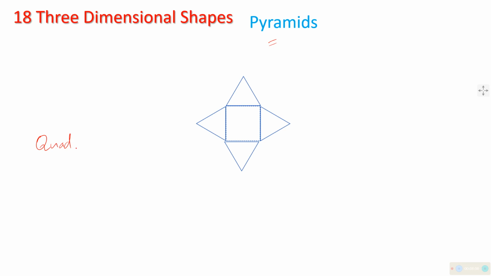Quad has a meaning 4. Quadrangular means having 4 angles. Where are the 4 angles? So these are the 4 angles supposed to be. And it is a pyramid.